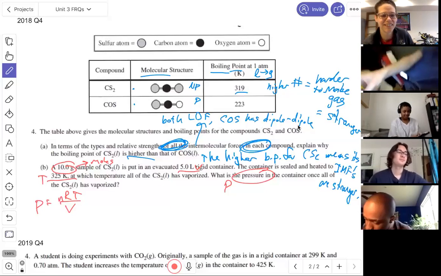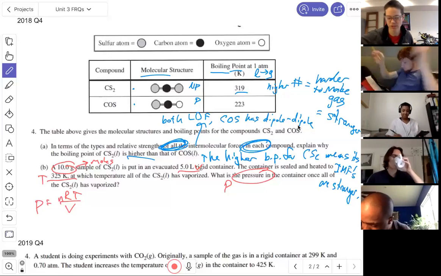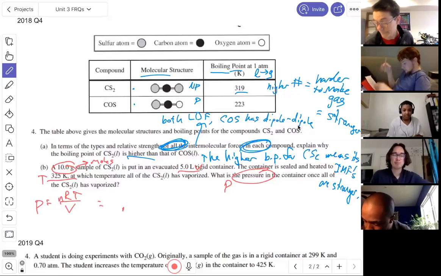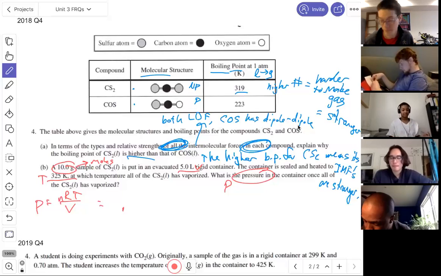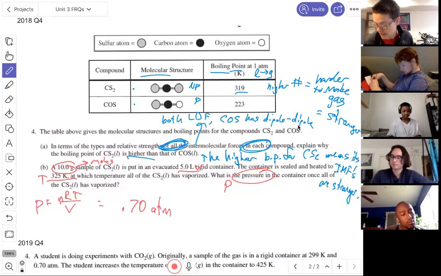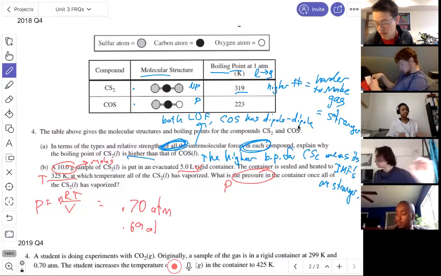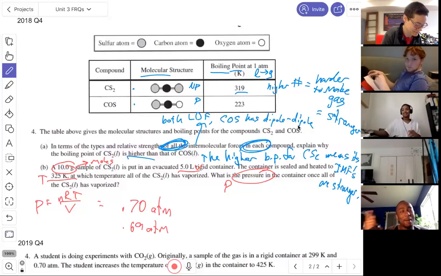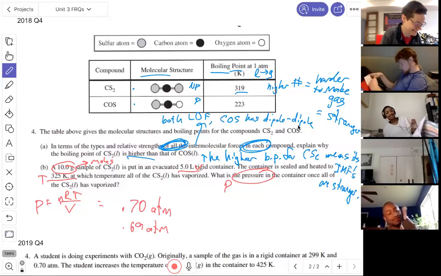It's really cute, Carl. All right, what are you guys getting for a pressure? 0.69. Would it be 266? Yes. Yay. ATM. Depending on what you used for the molar mass, 0.69 or 0.70.